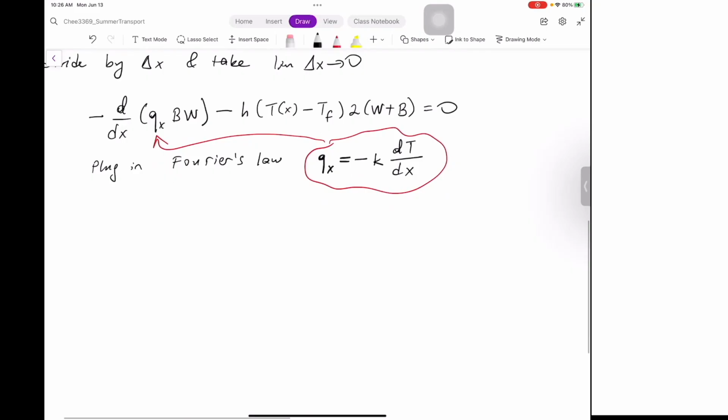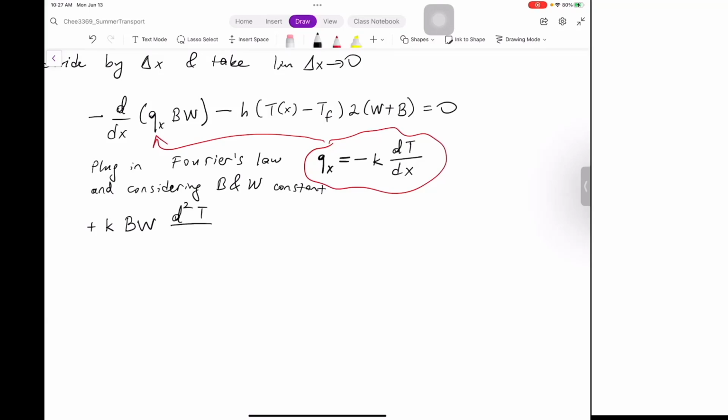You get the following: plus k, and considering B and W constant, k times BW d squared T over dx squared, minus h times Tx minus Tf times 2 times W plus B is equal to 0.